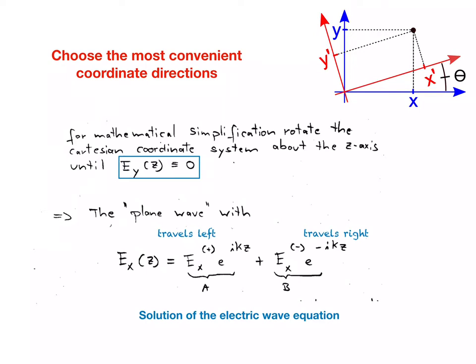This leaves us with only a function for the x component of the electric field, which is given by Ex plus times e to the power of ikz plus Ex minus times e to the power of minus ikz. We interpret the first term as a wave that travels to the left and the second term as a wave that travels to the right. This is the solution of the electric wave equation.